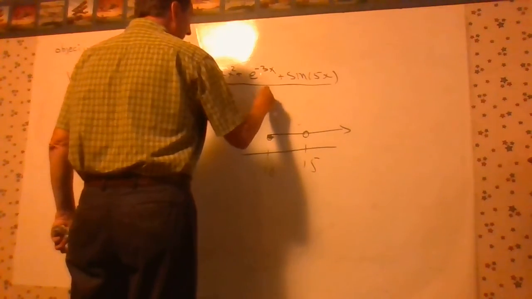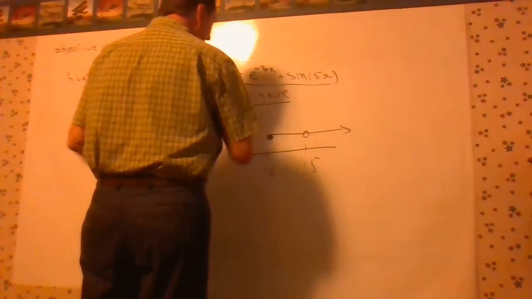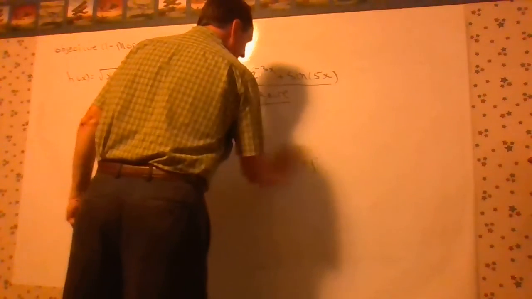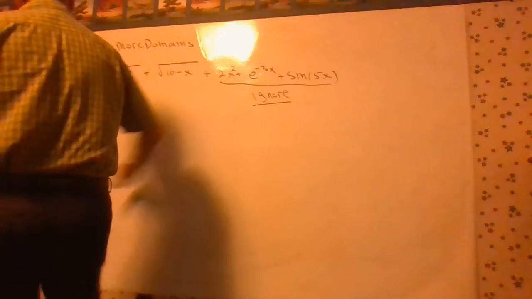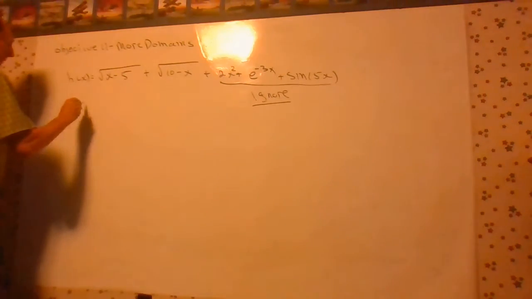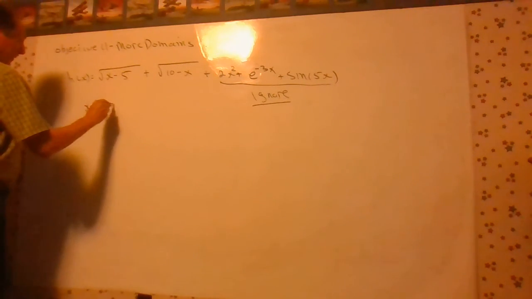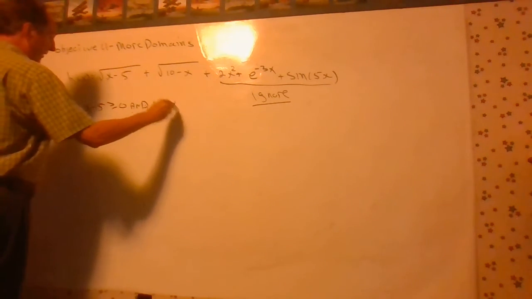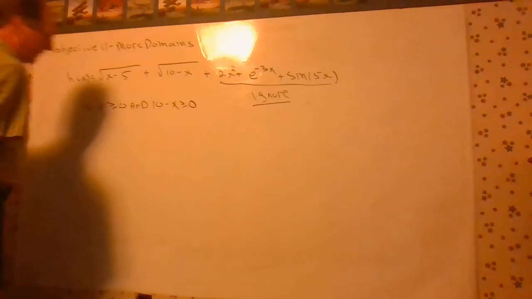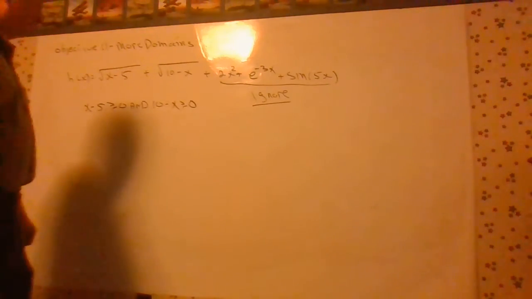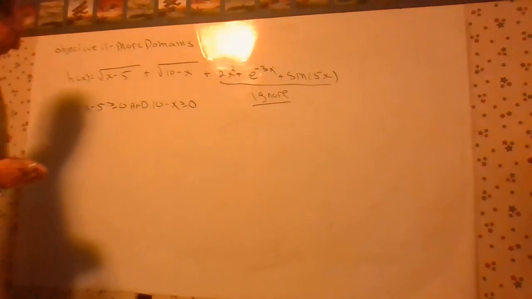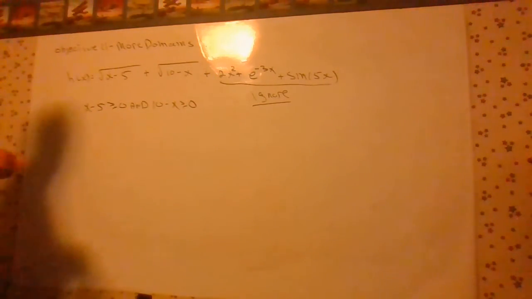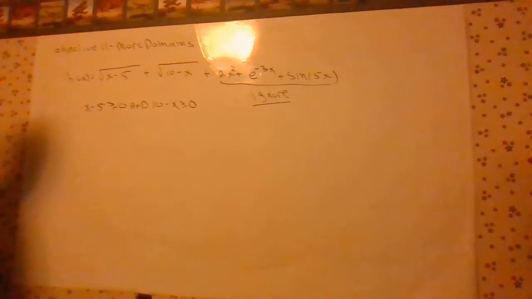I'm just going to say ignore these terms. So we have x minus 5 is greater than or equal to 0, and 10 minus x is greater than or equal to 0. And we can say and it's a real number, but big deal, that doesn't tell us anything. These are both domain rule number 1.